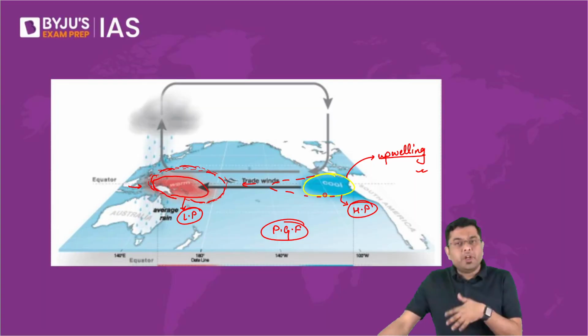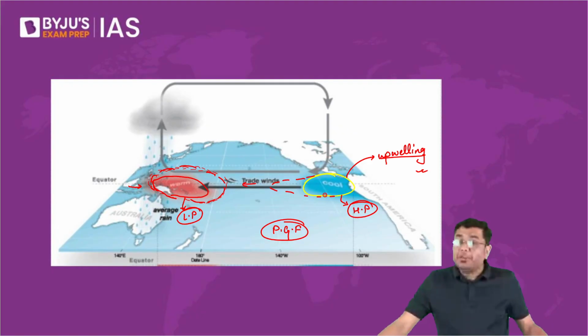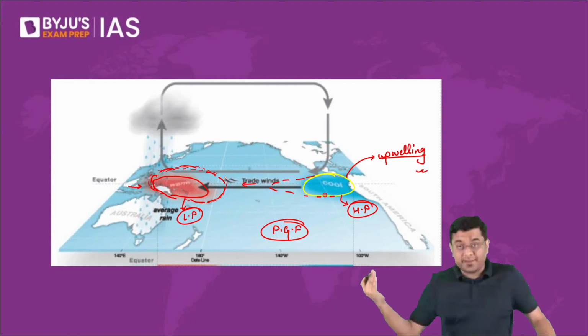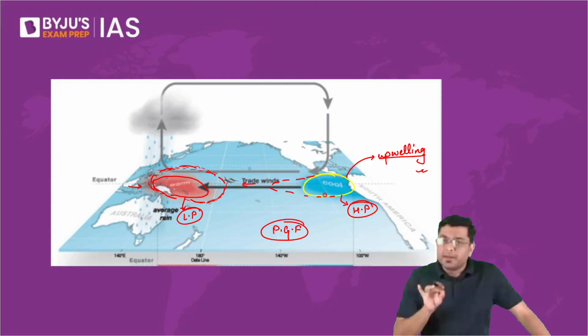What will happen to the dry conditions in the region of Eastern Pacific and Peruvian coastline? Will the dry conditions get converted into further dryness, further warmness, or will that region start receiving rainfall? More dry, right? So when that normal condition intensifies in behavior, that is what we refer to as La Nina.